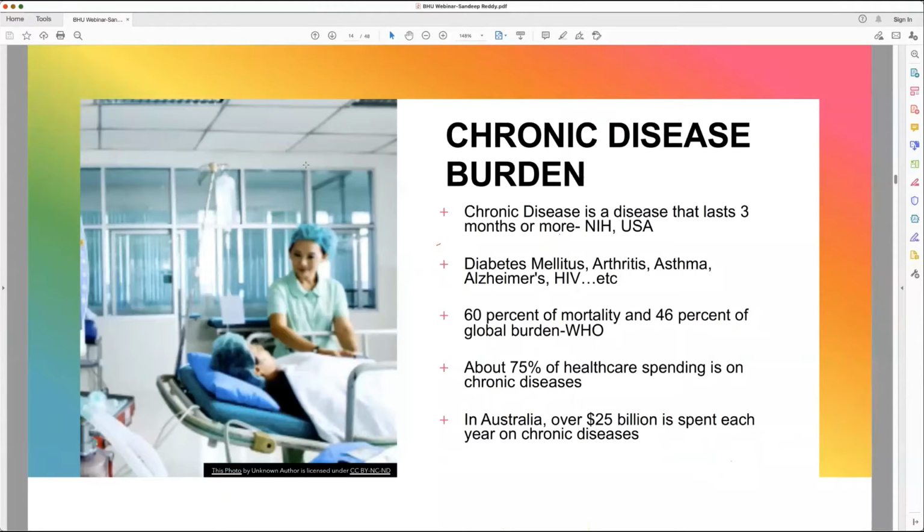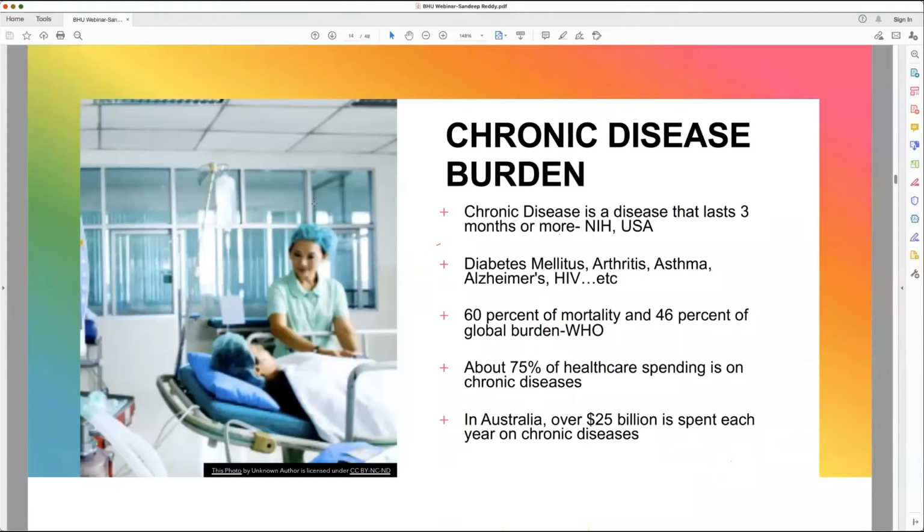And when you look at healthcare spending, about 75% is on chronic disease. So that gives you a quantification of how big the chronic disease problem is. Put together, all of these issues definitely pose a challenge for health services, policy makers, governments, and so forth.